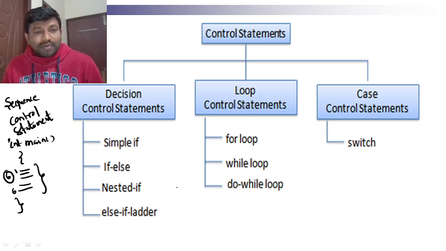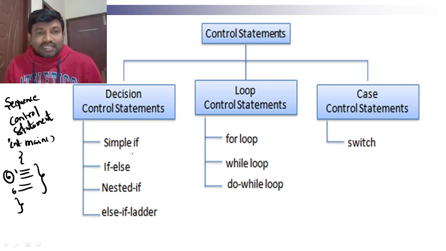Whatever basic programs we have been doing for the last couple of days are all sequence control instructions, meaning all are executed one after another without skipping any instruction. But for the rest of the control statements, it is different.